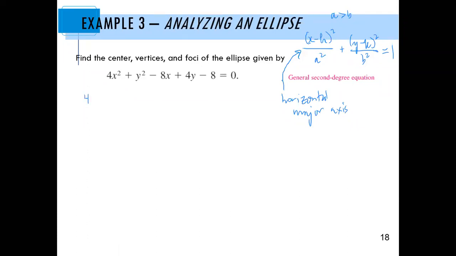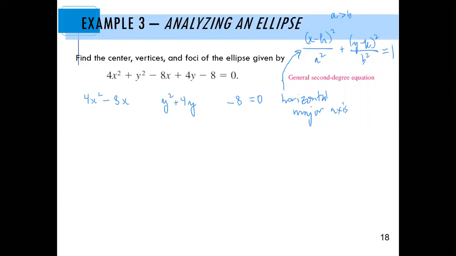Right, so we should probably set that off to the side. 4x squared minus 8x. And then the y squared plus 4y. And then let's go, you know, minus 8 equals 0 or something.